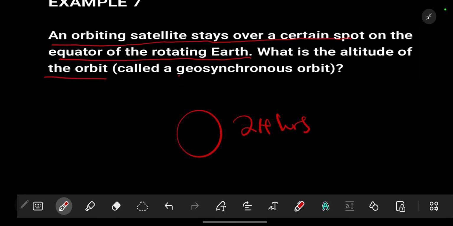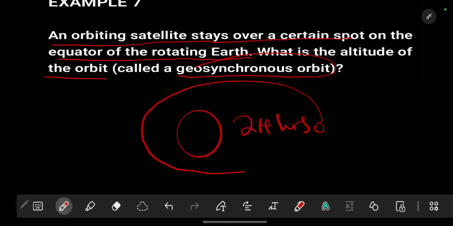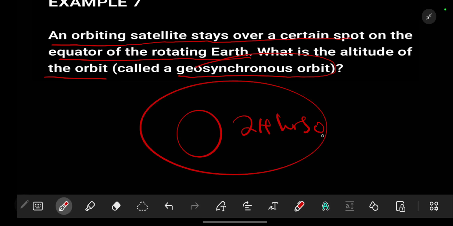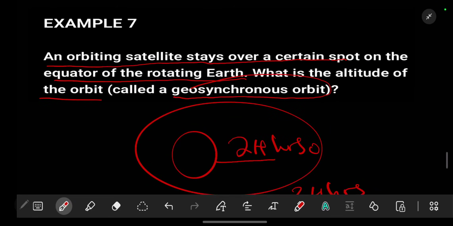A geosynchronous orbit is if you have a satellite like that, it is also able to complete the rotation in 24 hours as well, so that at all points they are moving together.